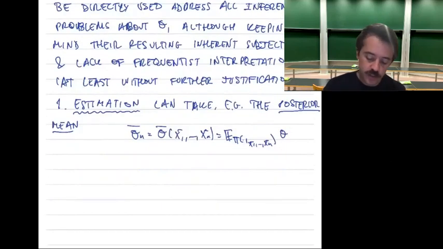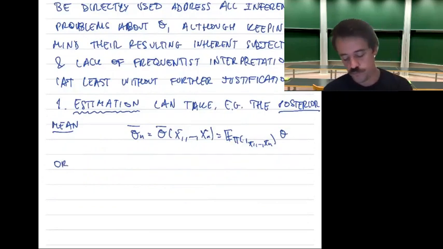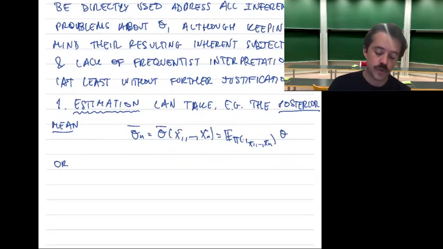And we can also take other points from the distribution.